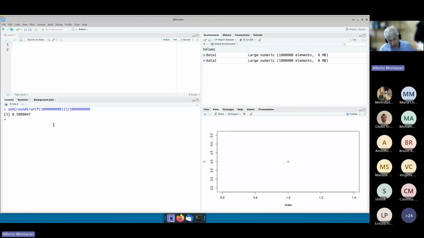Okay. Now, let me give you another example. Rolling a dice. Let me clear the console. So again, let's write it from scratch.